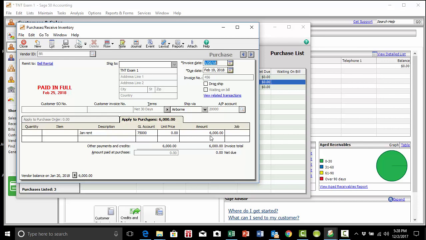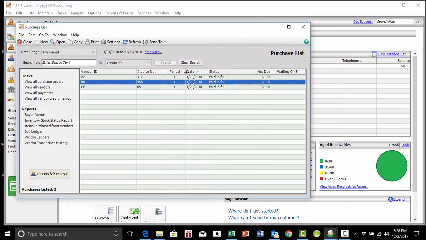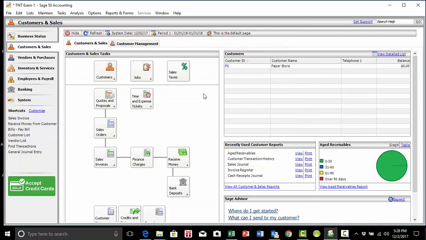We're accruing this rent expense. GL account is rent expense. And then we did the same thing for the other two vendors, Verizon and Con Ed. Okay? Something that we've done before, and basically it's accounting. If I was telling you to do this with pencil and paper, you wouldn't have any problem doing it. Doing it with Peachtree makes it even easier.